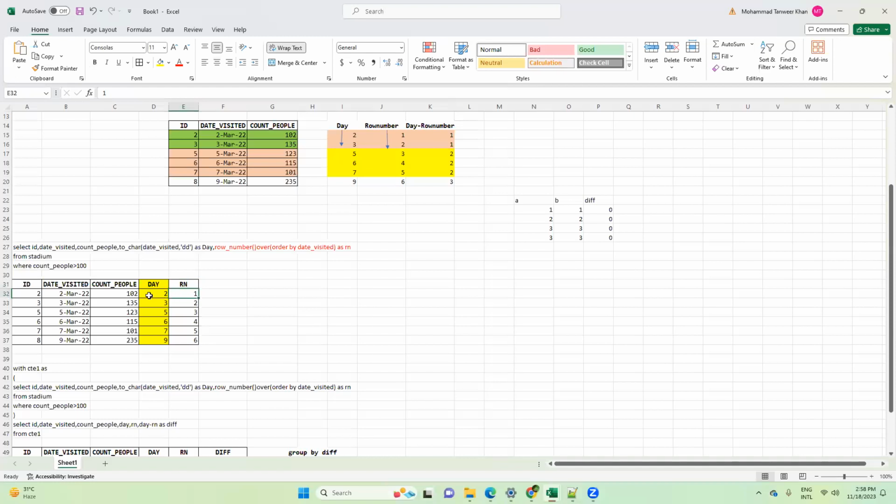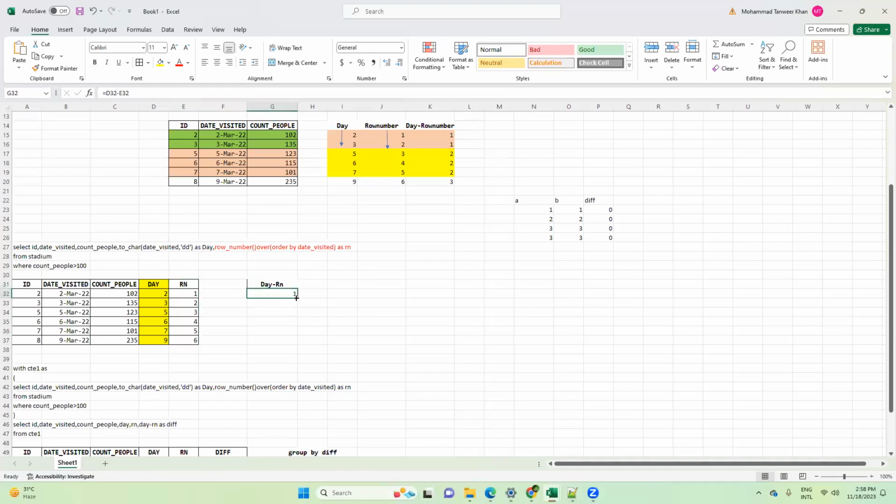Then I thought that, okay, if this difference, day minus RN, is constant, it means this day is also getting incremented by 1. Why? Because we know that RN is getting incremented by 1.